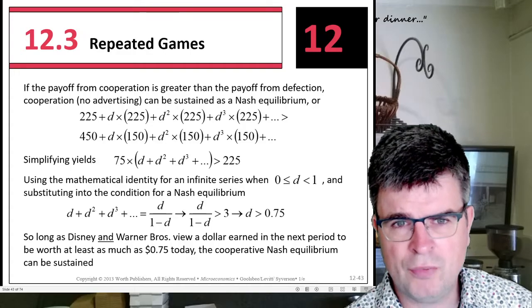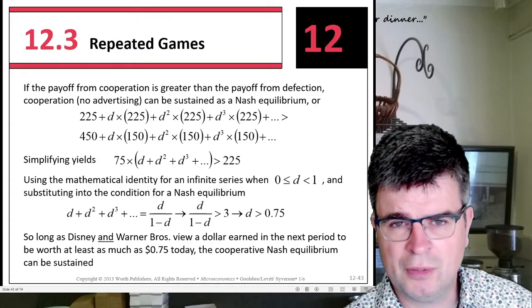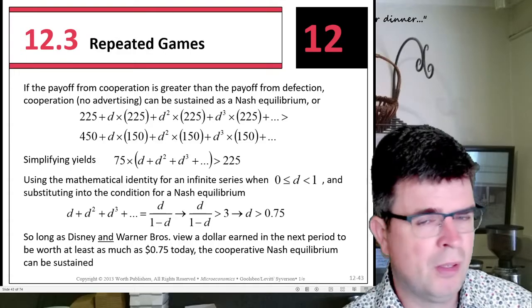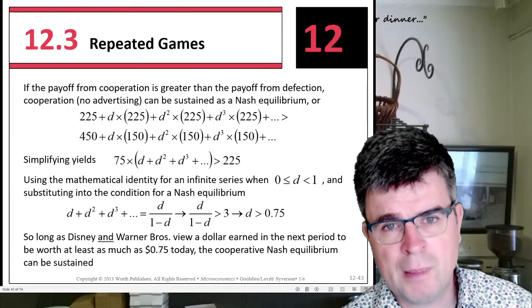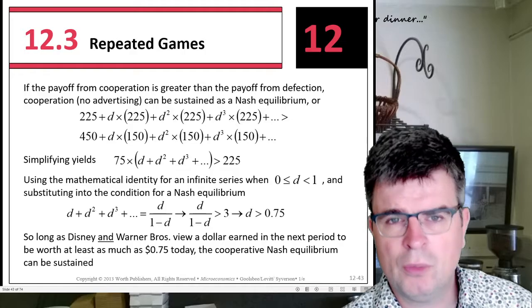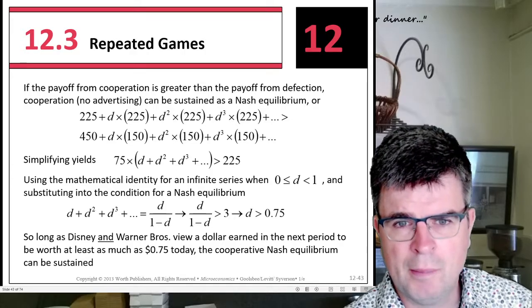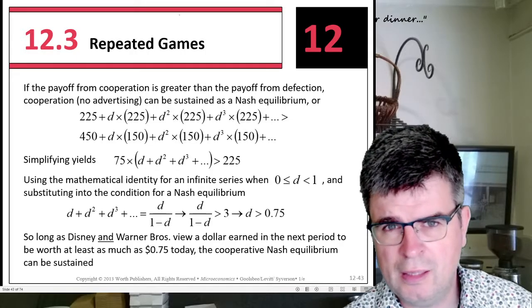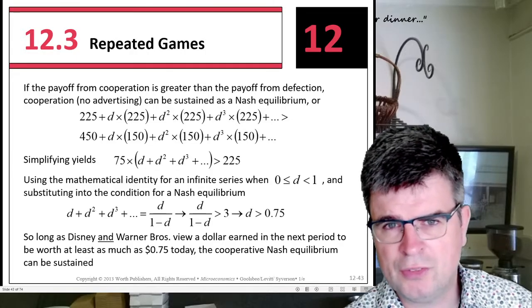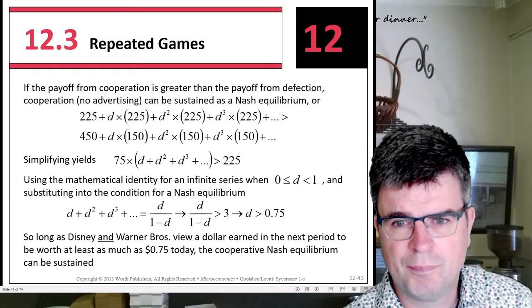The players will advertise, and then by backward induction, also in the previous periods, players will find it optimal to advertise. If the game is infinitely repeated, then cooperation can be sustained, because if the players value the payoffs in future periods sufficiently, then they will not have an incentive to defect today.